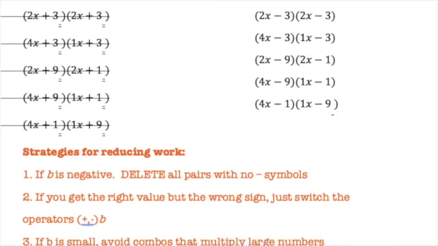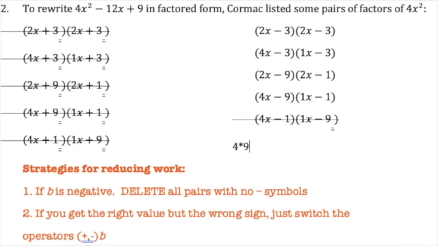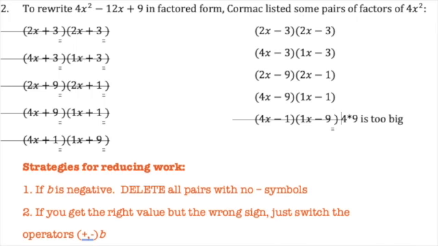Here's the thing. 12 is a relatively small B value, so I'm going to assume this is not going to work because I don't want to multiply 4 and 9. 4 times 9 is too big. I'm not going to do that one.